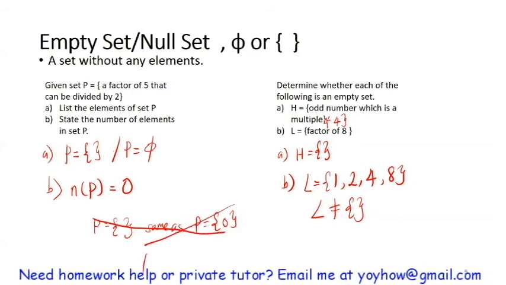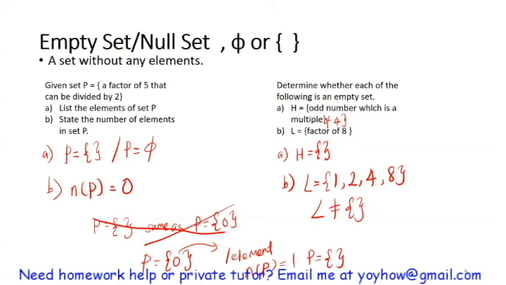Because when we have P equals {0}, in the set you already have 1 element. So if asked for the number of elements, it is actually 1. It's not an empty set. If it is an empty set, it should be P equals nothing in the bracket. Nothing in the bracket. Remember that?